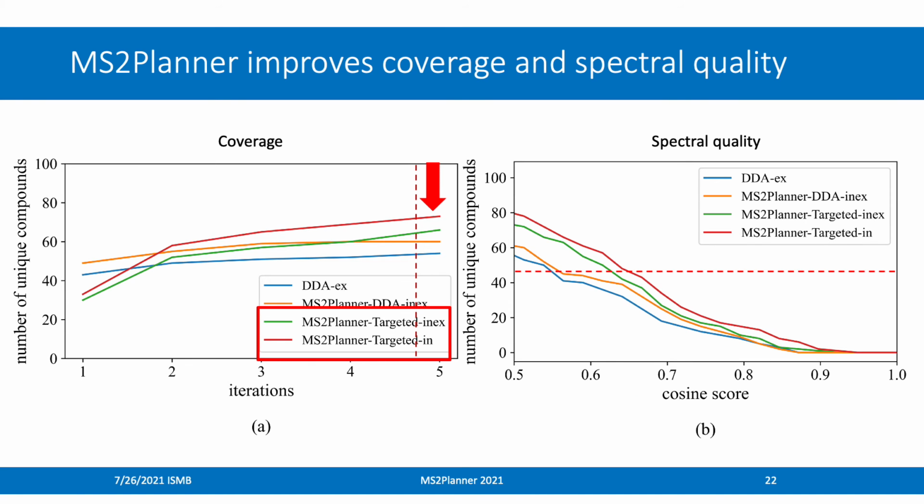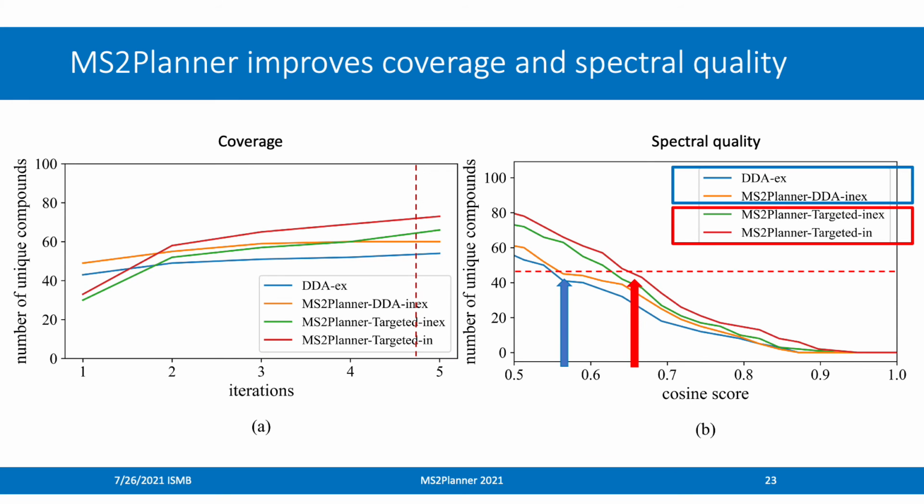Here in panel A, we show that over 5 iterations, targeted mode with MS2Planner inclusion list can identify more unique compounds than the DDA, indicating that MS2Planner can improve the coverage. In panel B, we use cosine similarity score to the reference spectra as a measure of quality of the spectra.